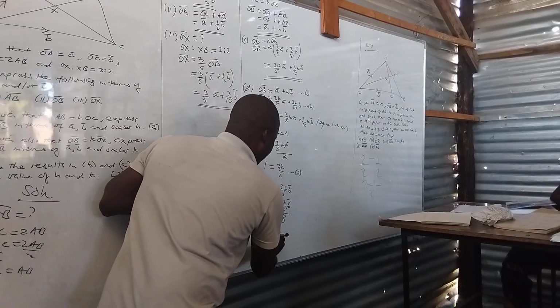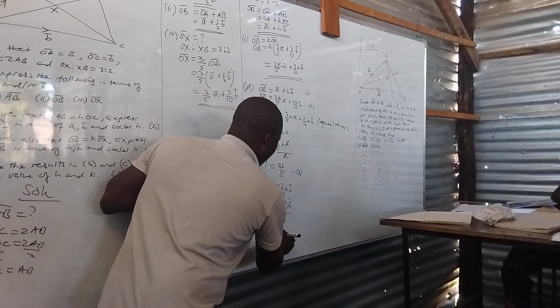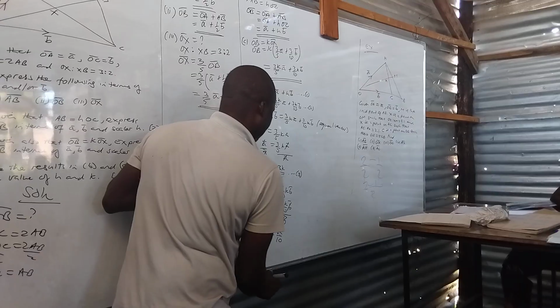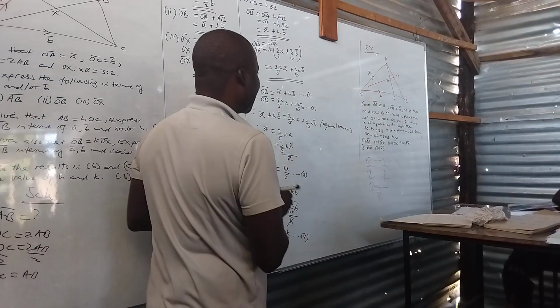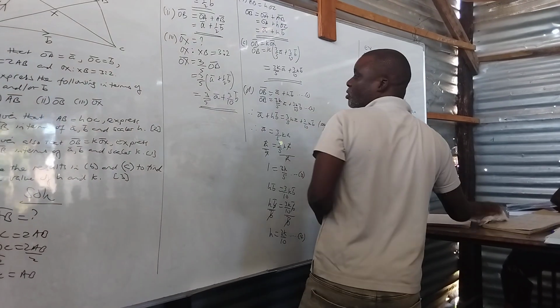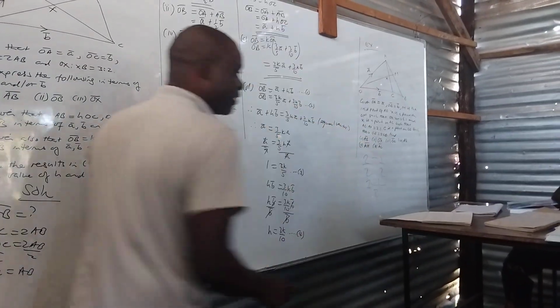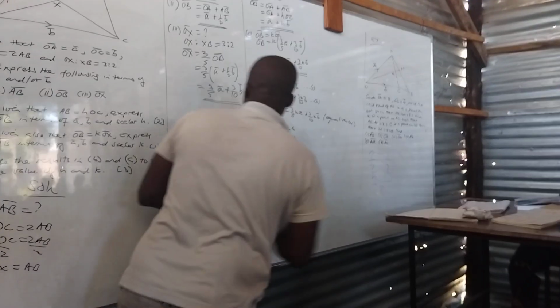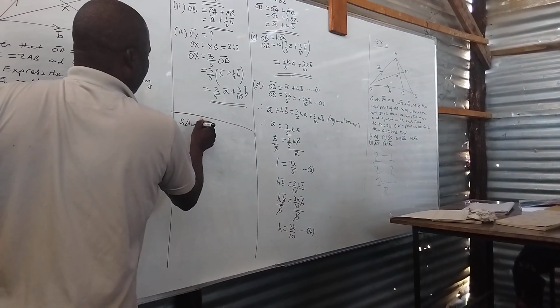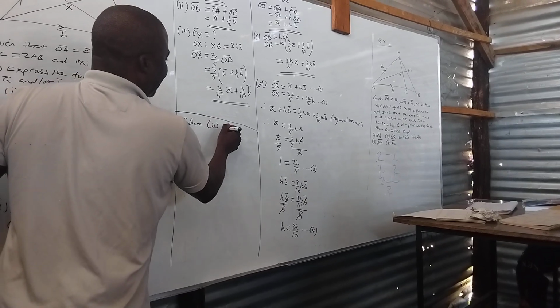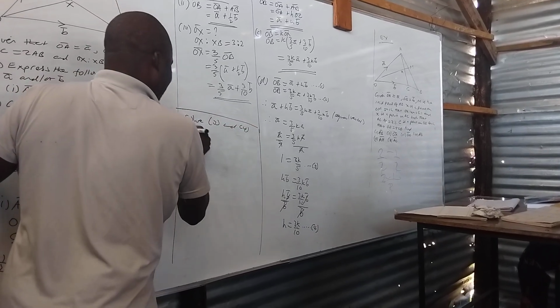So H is equal to 3K over 10. This is now equation 4. Now we solve equations 3 and 4 simultaneously.